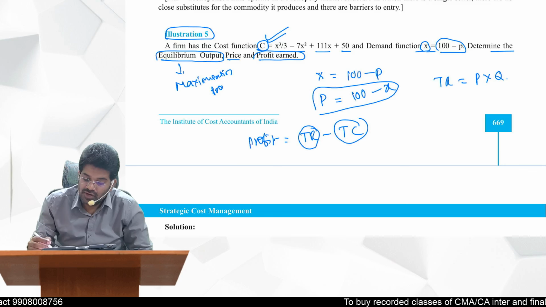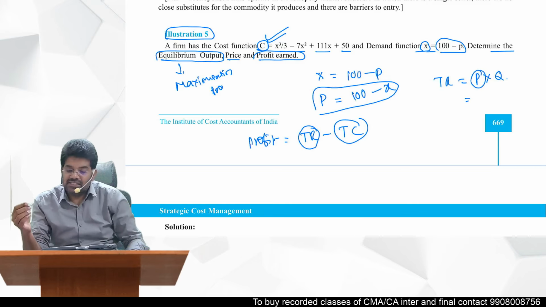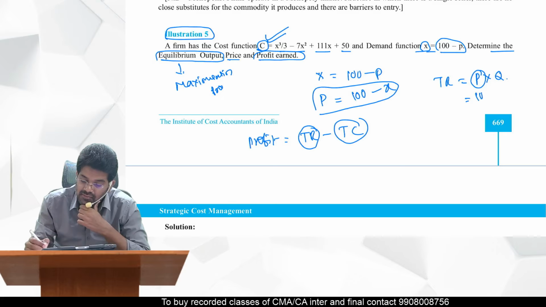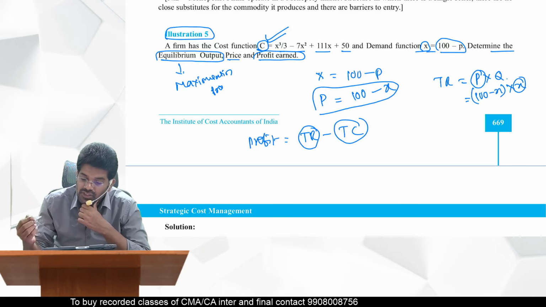So total revenue is, now price, if I take price as 100 minus x and quantity as x.